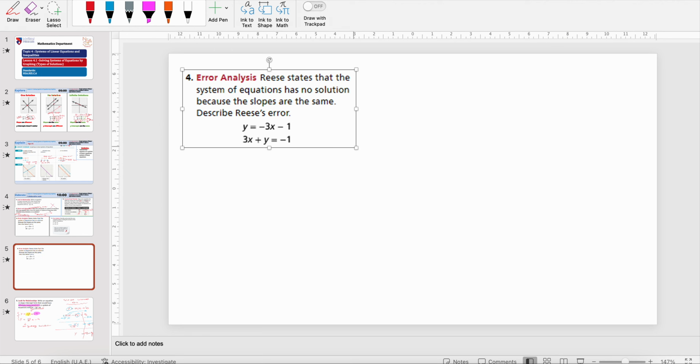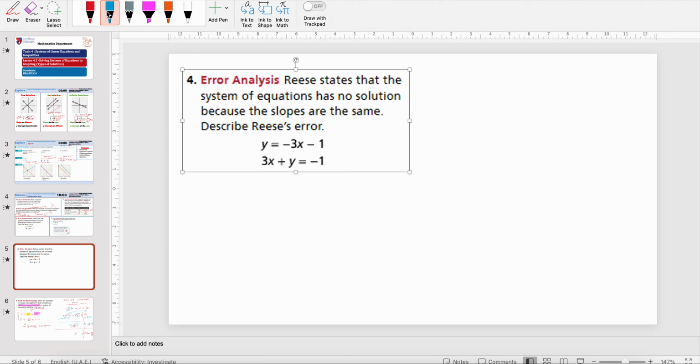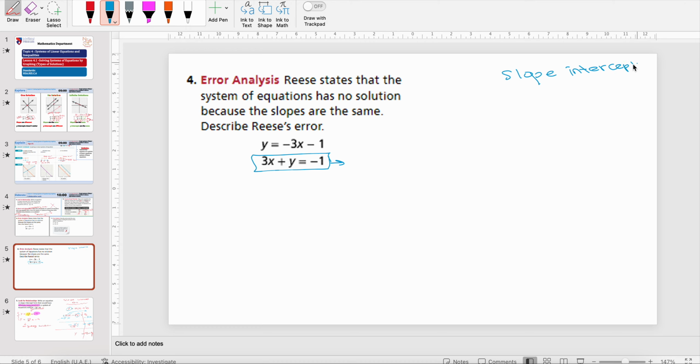Again, we always prefer to work with slope-intercept form. So any standard form, I don't want to keep as it is. I want to rewrite it as slope-intercept form. In this case, we have 3x plus y equals negative 1.